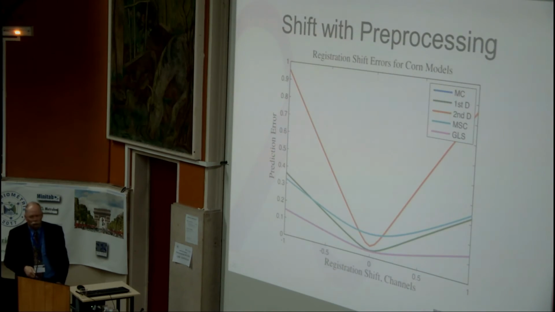And it results in plots like this. Here, if we look at registration shift in channels versus prediction error for different types of pre-processing, you can see things like this generalized least squares model with pre-processing was fairly robust to registration channel shifts, whereas a model with a second derivative gets large errors real quickly if you start messing around with the registration.